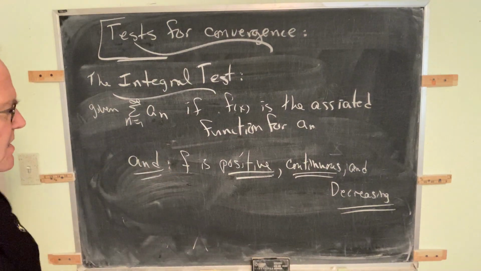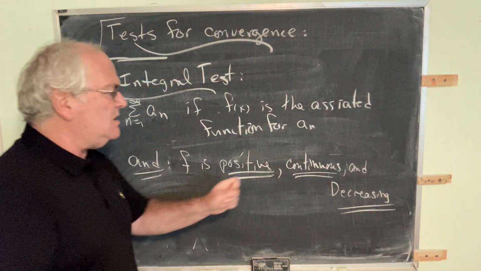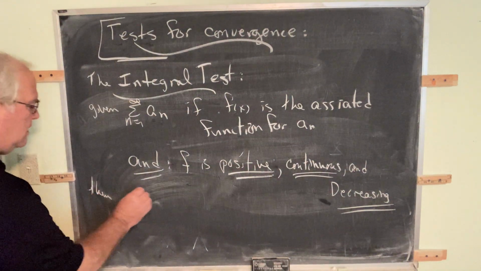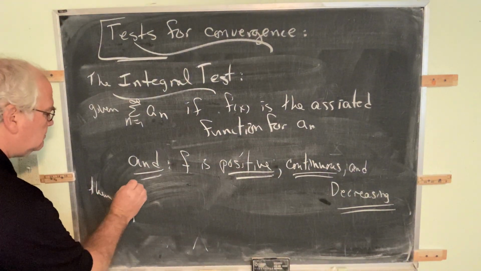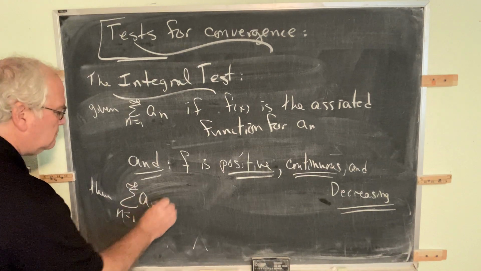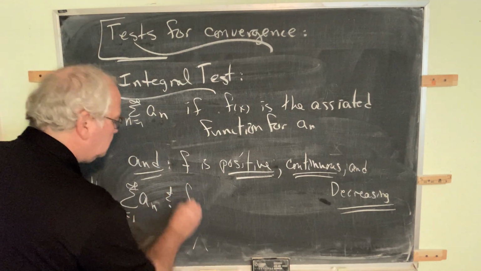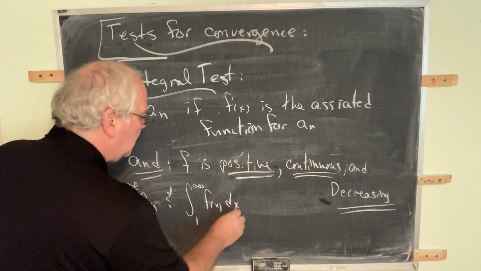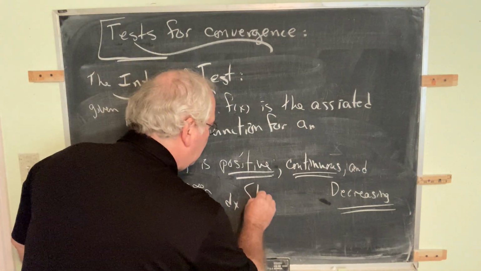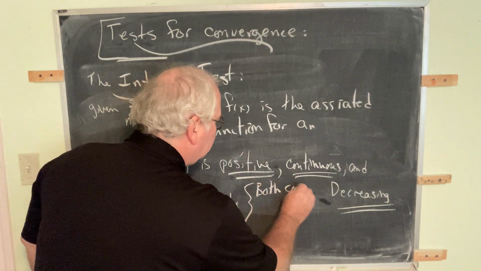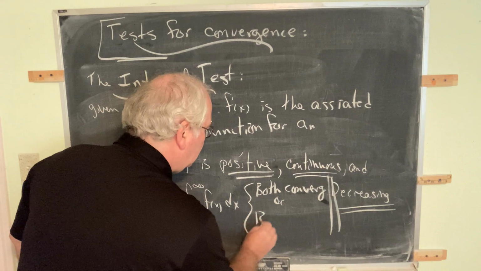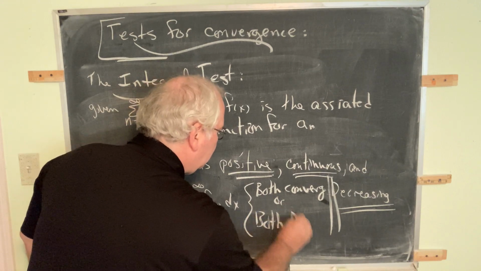So if that's the case, if the associated function is positive, continuous, and decreasing, then either both converge or both diverge.